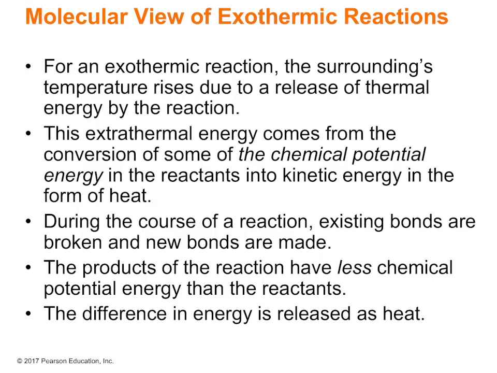So, molecular view of exothermic reactions. For an exothermic reaction, the surroundings temperature rises due to a release of thermal energy by the reaction. This extra thermal energy comes from the conversion of some of the chemical potential energy in the reactants into kinetic energy to form heat.